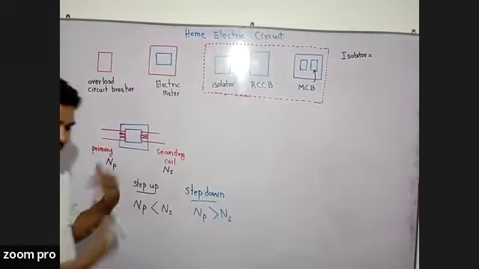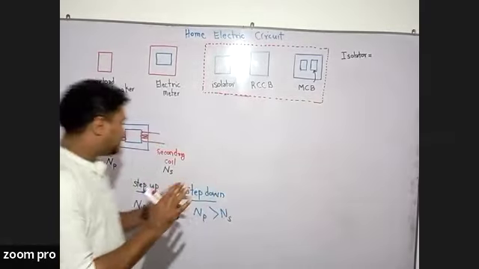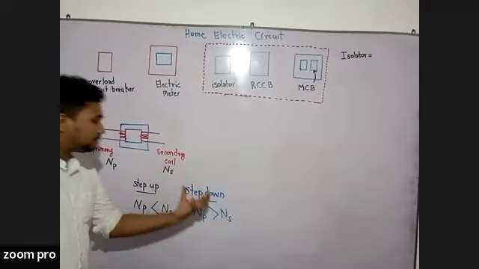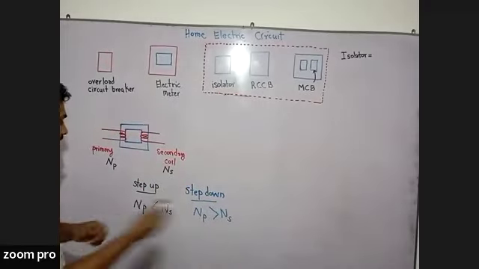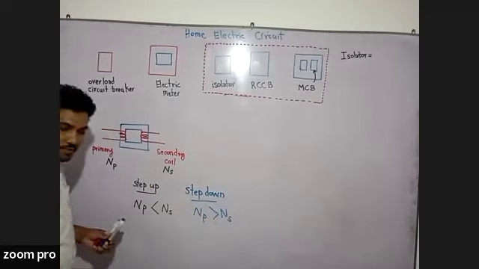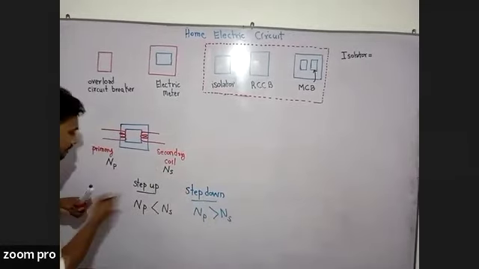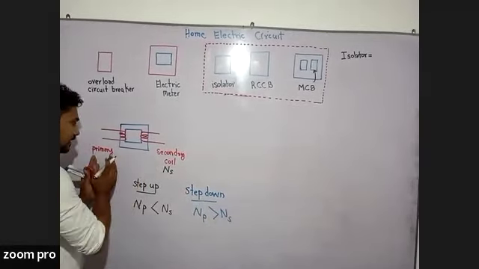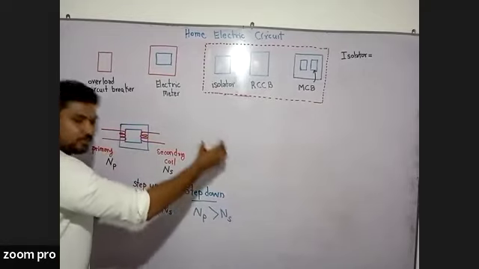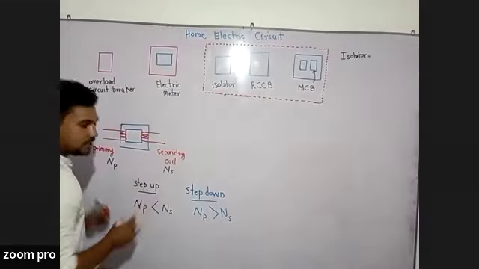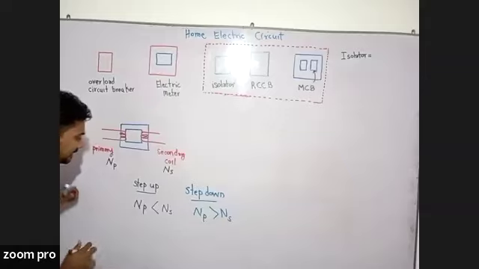So simply, this is the meaning of step up and step down transformers. In a step up transformer, what happens? The voltage is increased when it comes to the secondary coil. Now let's take an example.